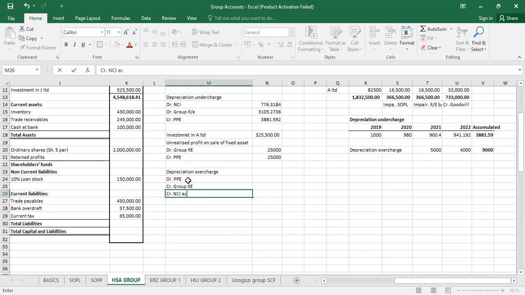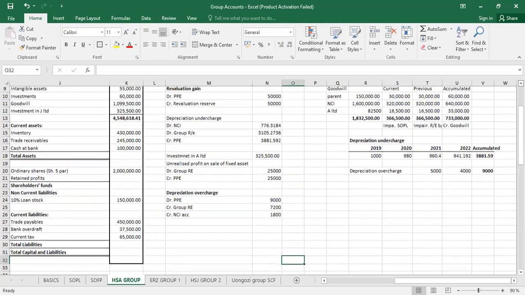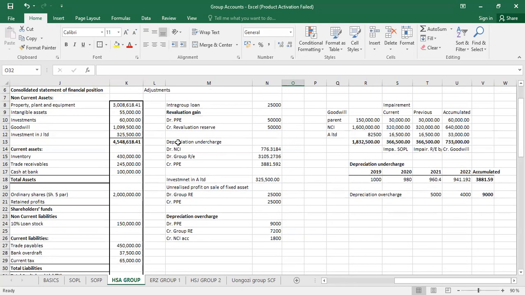Here it will go the 9,000, and here it will go according to the shareholding. The parent has 80%, so here it will be the difference, the 20%. That is the depreciation overcharge.